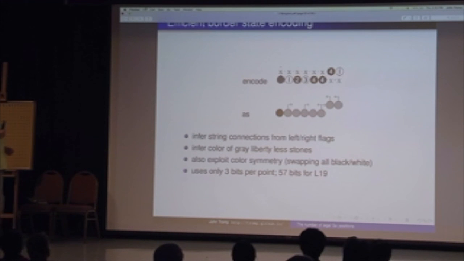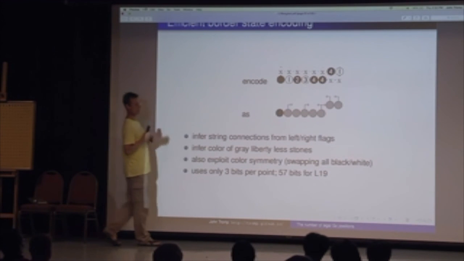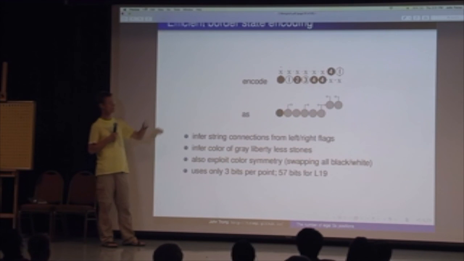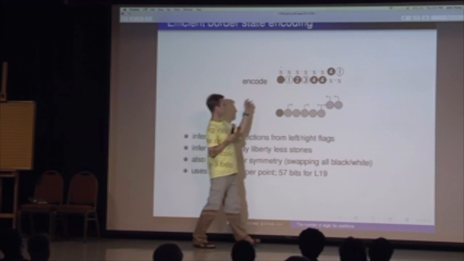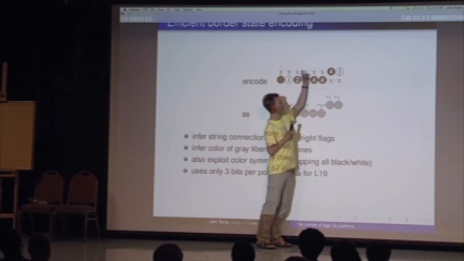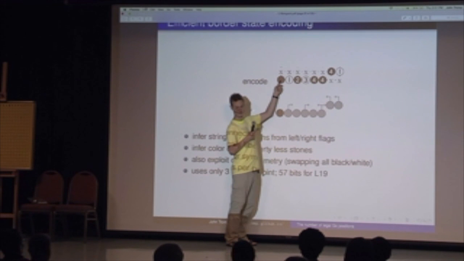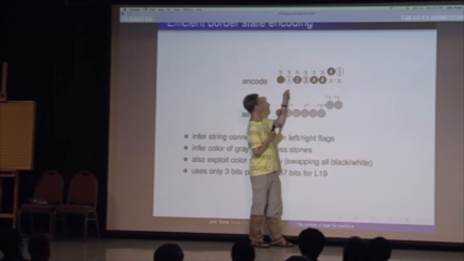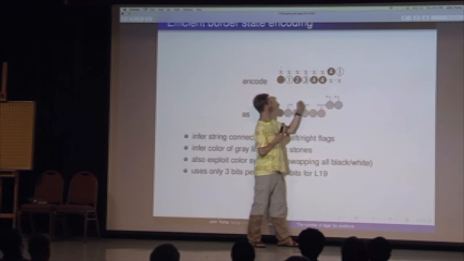And as I mentioned, my implementation had some optimizations. The major one is this. I found a way to encode these abstracted states very efficiently. So if these are the last 8 points of some partial board, so there's a black stone here with liberties, and then there are all these stones without liberties, and I know that one is somehow connected to one here.